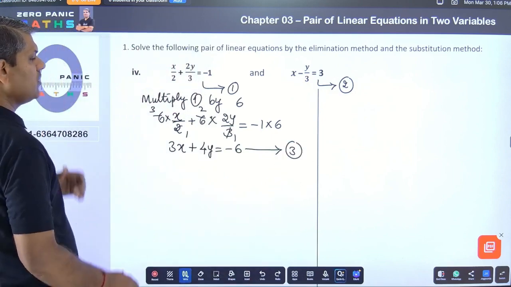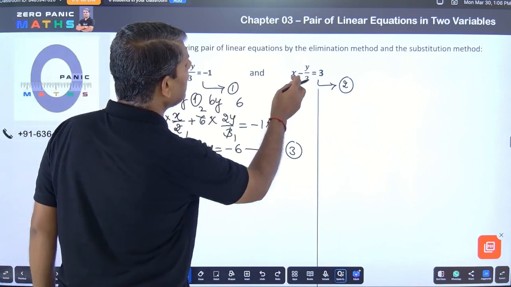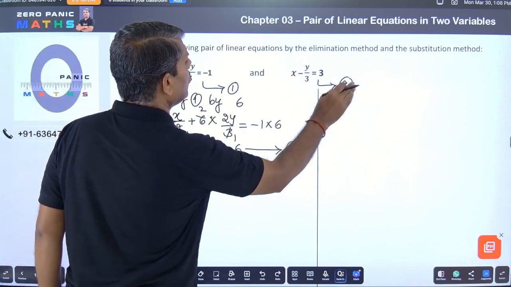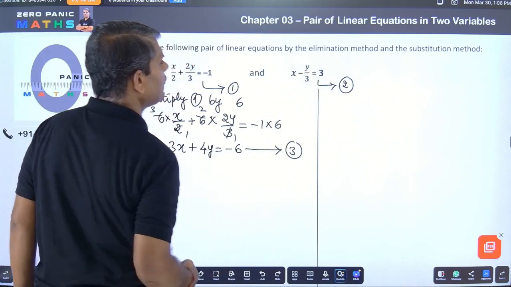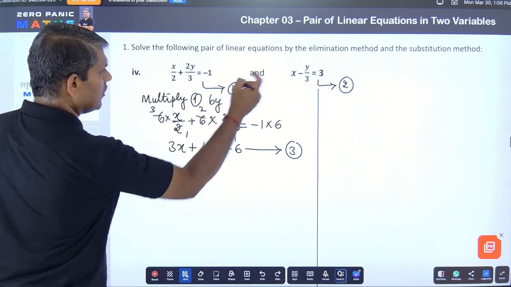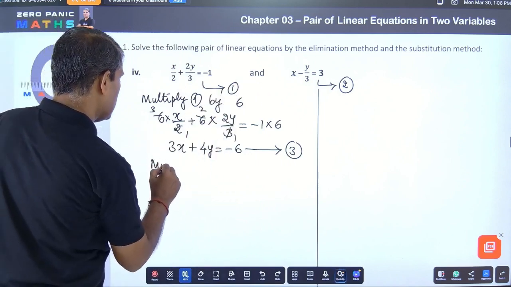Now similarly I will multiply the whole equation 2 by 3, so that I'll cancel the 3 from the denominator in equation 2.